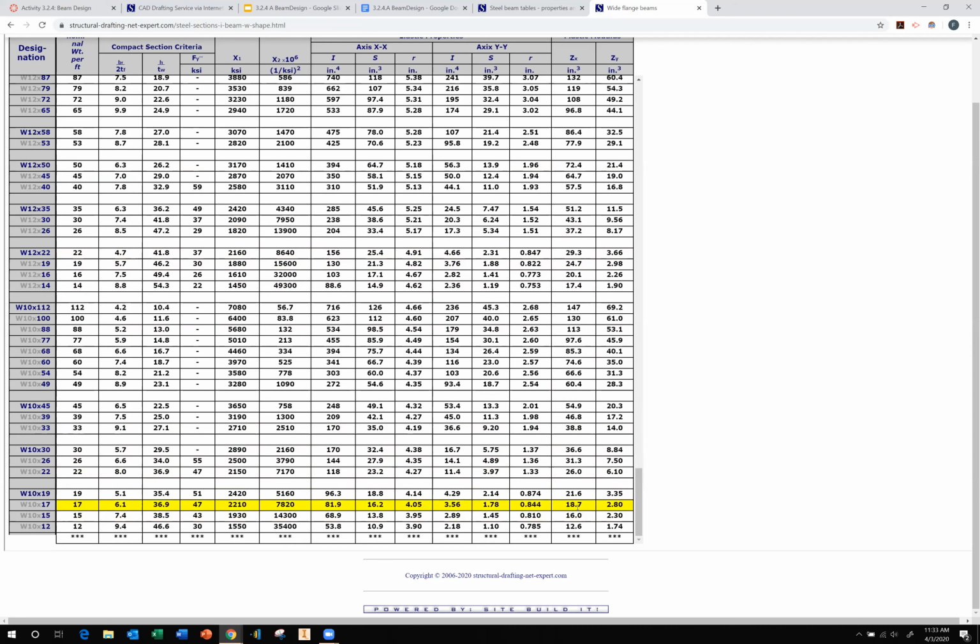The very first beam greater than 16.2 that I see in the 10 range is a 10 by 17. So I'm gonna mark that as an option, because ZX is greater than 16.2. The 10 by 15 is not.